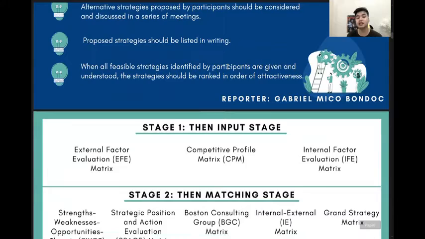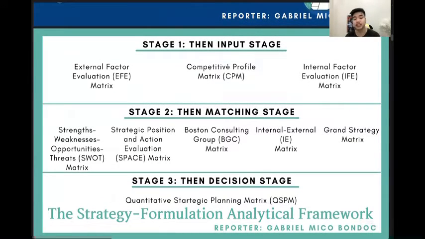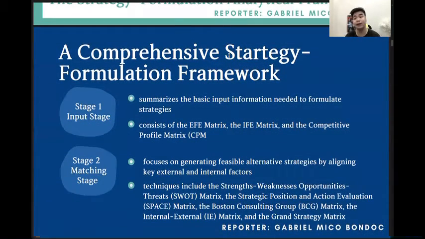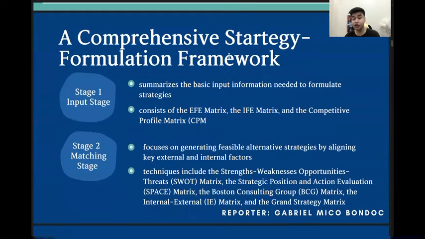So, these are the stages of the strategy formulation analytical framework. We have the input stage, stage one, matching stage, stage two, decision stage, stage three. And the matrix set will be reported by my group mates. So I will give you an overview of stage one, the input stage. This summarizes the basic input information needed to formulate strategies, and it consists of the following matrices: EFE, IFE, CPM. Stage two focuses on generating feasible alternative strategies by aligning key external and internal factors.